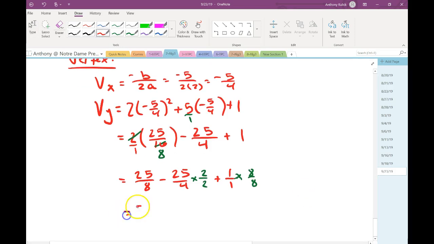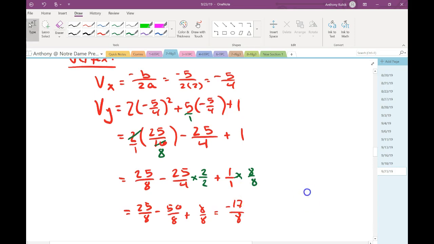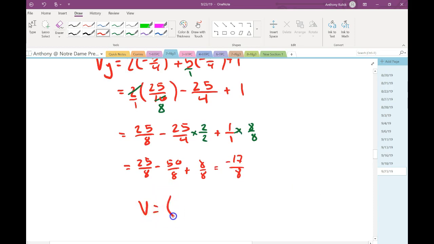And when I do that, I have 25 over 8 minus 50 over 8 plus 8 over 8, which comes out to be negative 17 over 8. Goodness gracious, it took me too long to do that mental math. Everybody okay to there? So my vertex is the very nasty looking negative 5/4, comma negative 17/8.